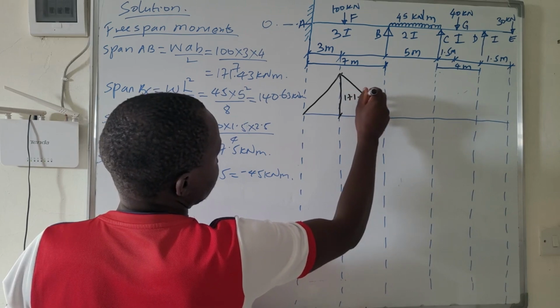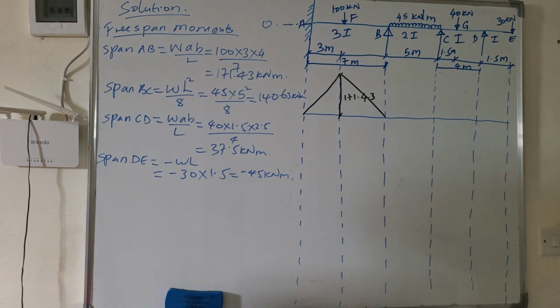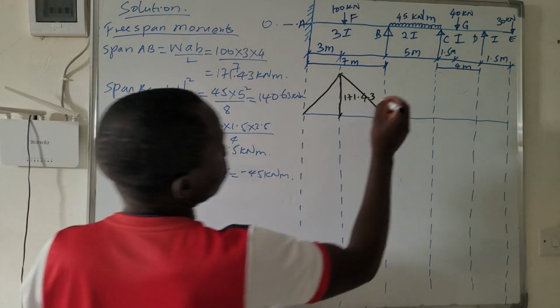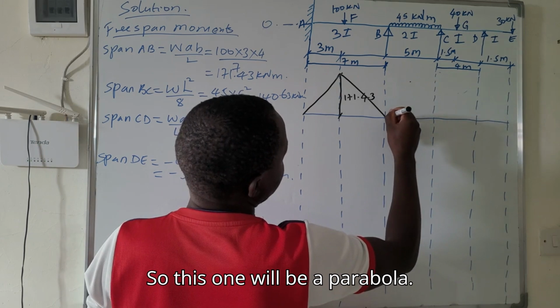And then at BC, we have 140.63, and this one will be a parabola.